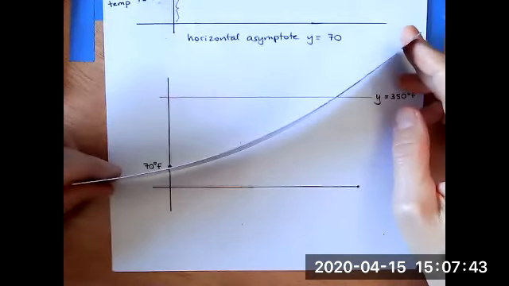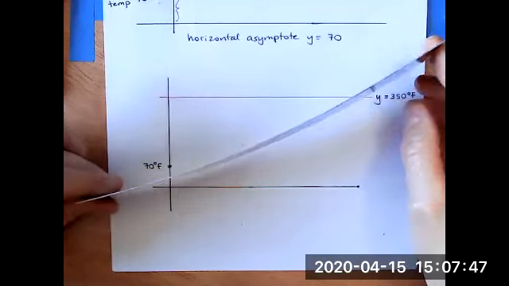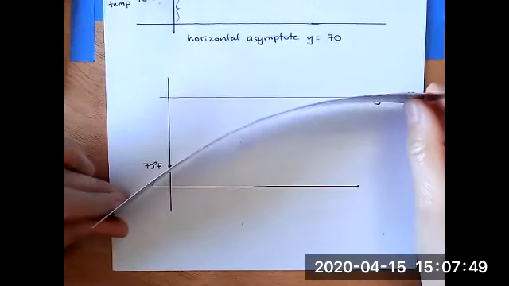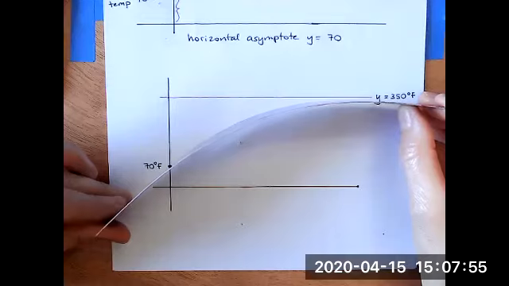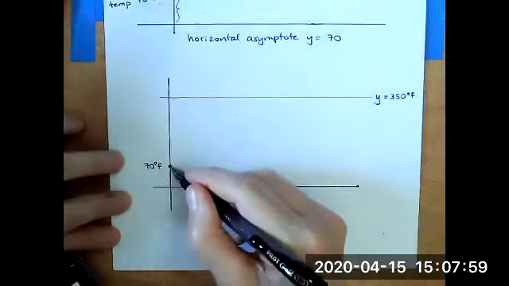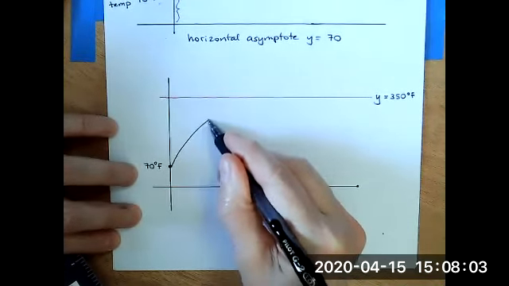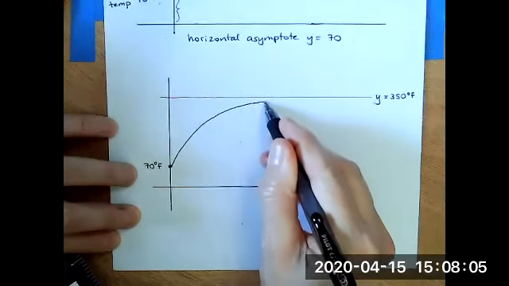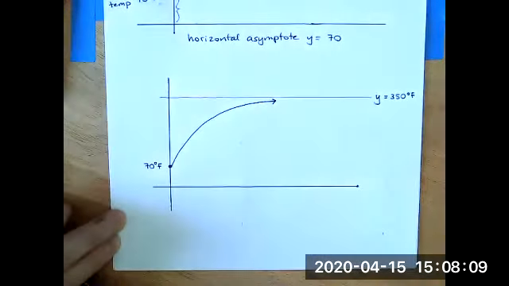The closer the temperature of the potato gets to the temperature of the oven, the slower it heats up. So you can see that it'll be concave down because the potato is heating up fast at first. As it gets closer to the temperature of the oven, it slows down.